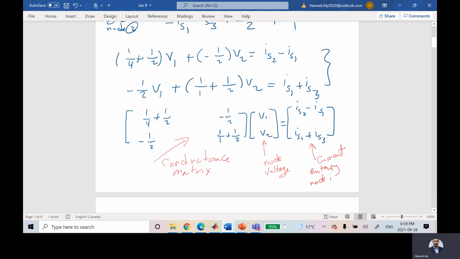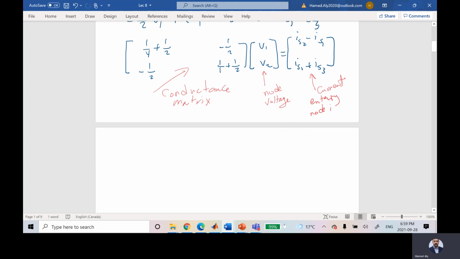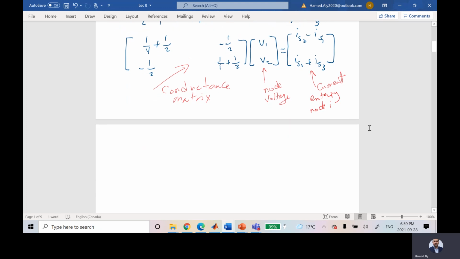In electric circuits, if you would like to define the conductance matrix, it is 2 by 2 in our problem because I have 2 nodes. If I have 3 nodes, it is 3 by 3. If I have 4, it's 4 by 4. So we call this the diagonal, and those are off diagonal. Am I right?